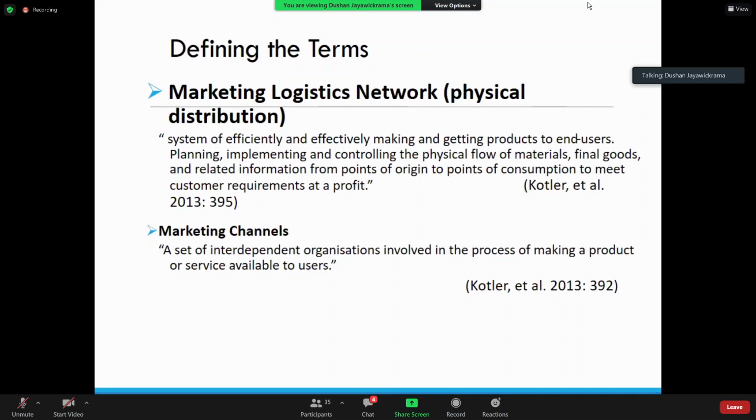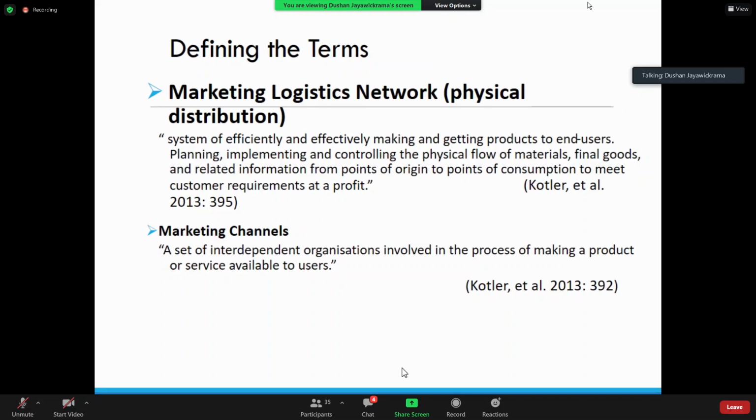So in distribution strategy, what we are thinking about is marketing channels or distribution channels. Distribution channels means different parties and organizations involved in making the product delivered from the marketer organization to the end customer.